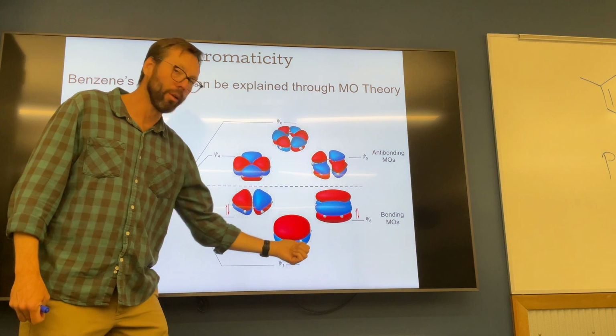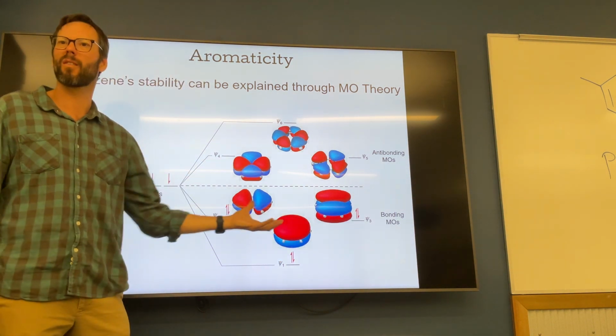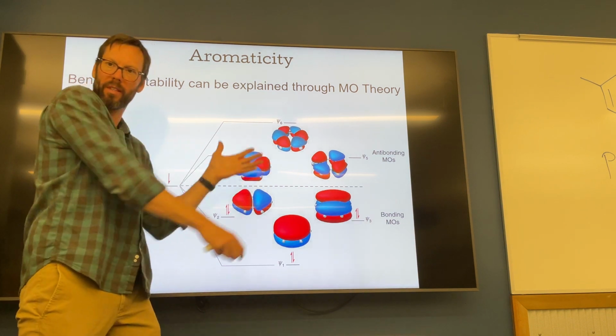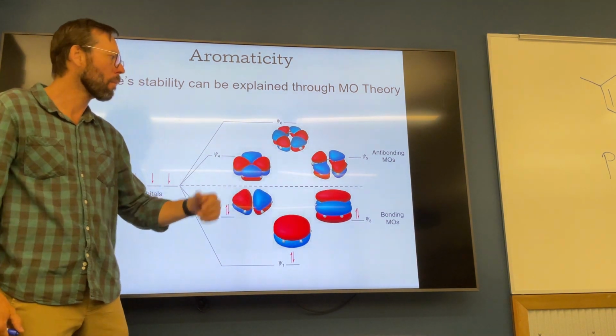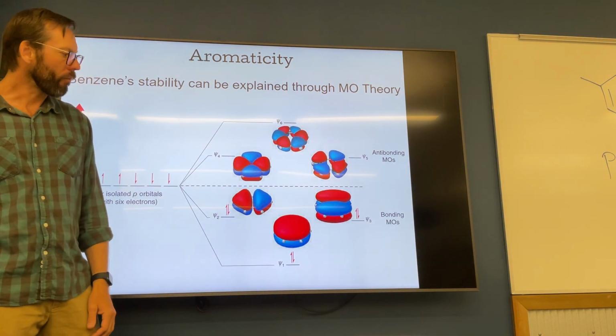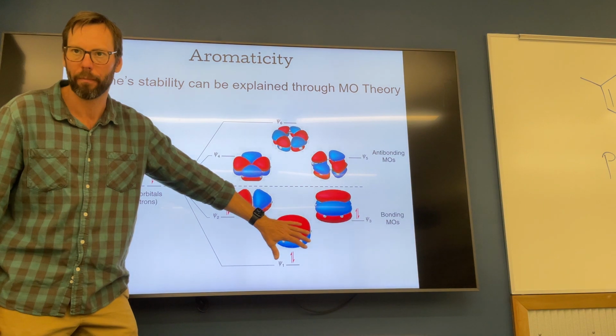So red, blue, you guys understand. Does this look familiar? Not this exact figure maybe, but does this look familiar? The anti-bonding orbital. We talked about it. What we're looking at is the p orbital overlap here.